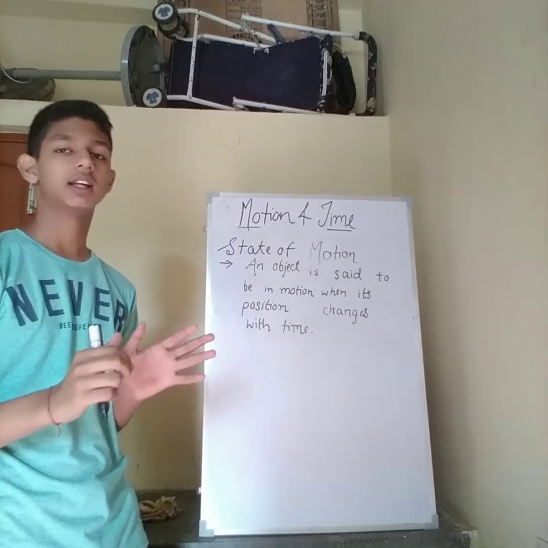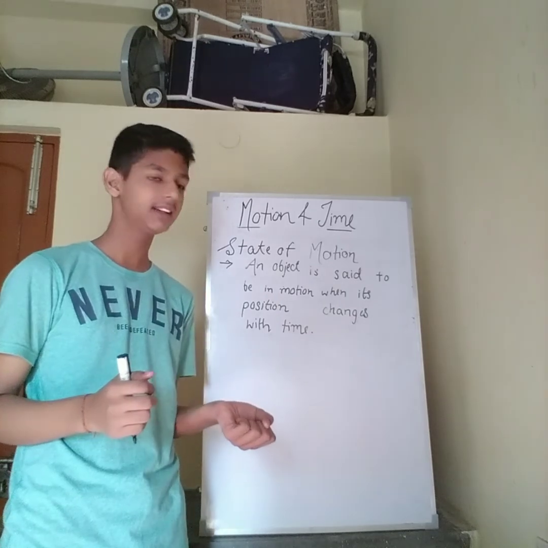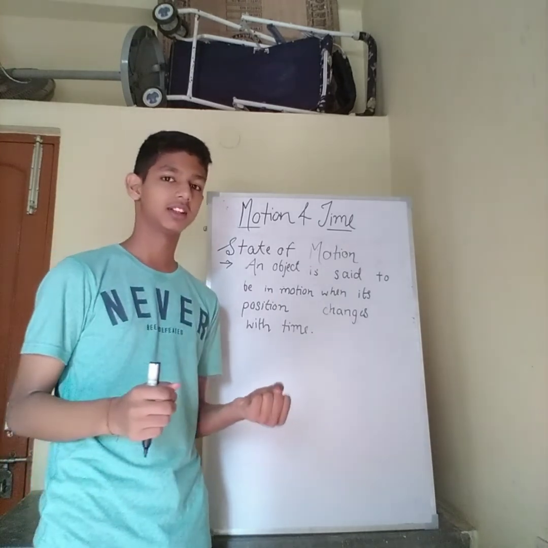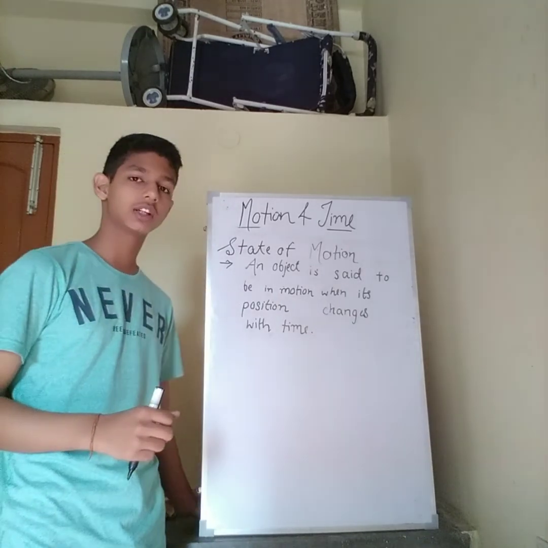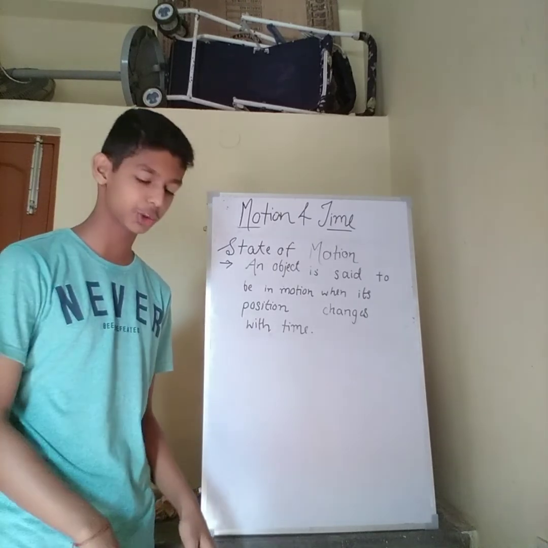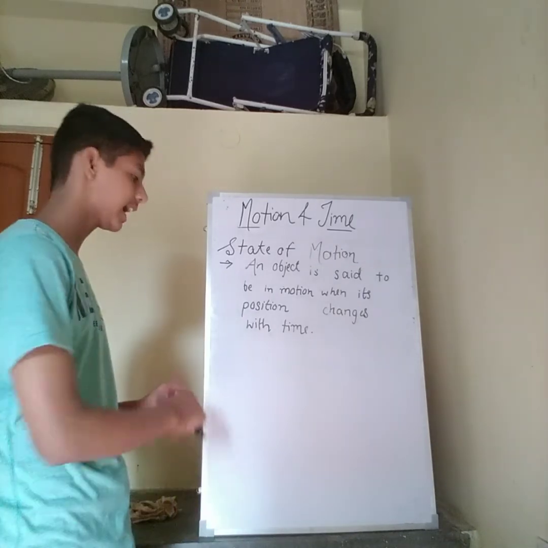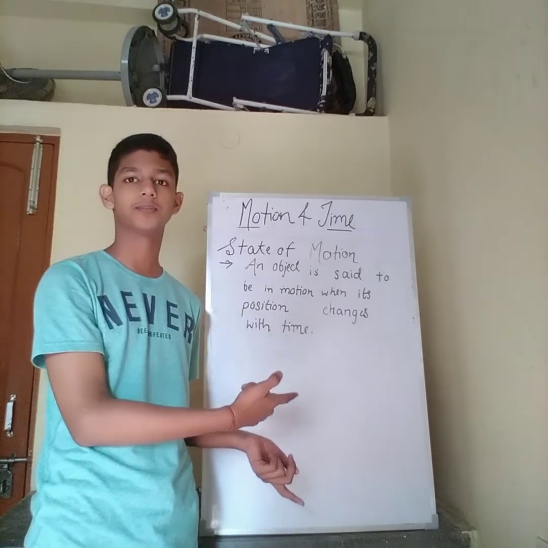Means, if you catch an ant lightly, because it will die if you press it, then keep it on the table, and as soon as you leave it, the ant will escape. Means that the ant's position has changed with time.